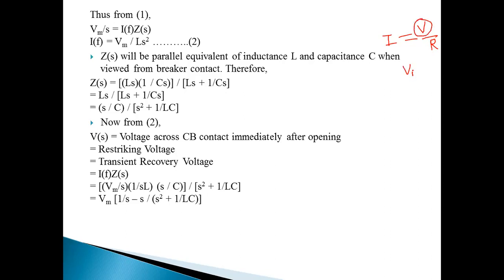It is equal to Vm divided by S, divided by R. Now when we are considering the source side, only the inductance is considered, and the inductance is represented in Laplace form as L into S, so it is equal to Vm divided by L S square. It is equal to Vm divided by L S square.